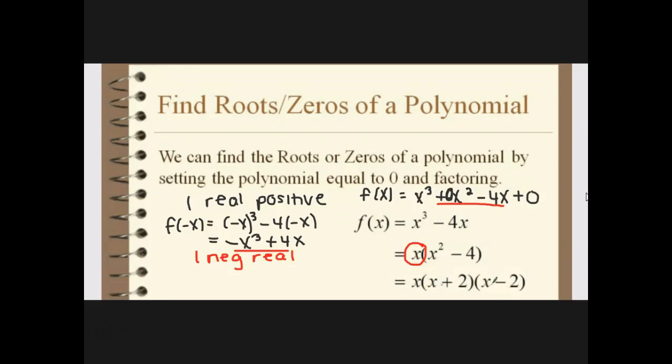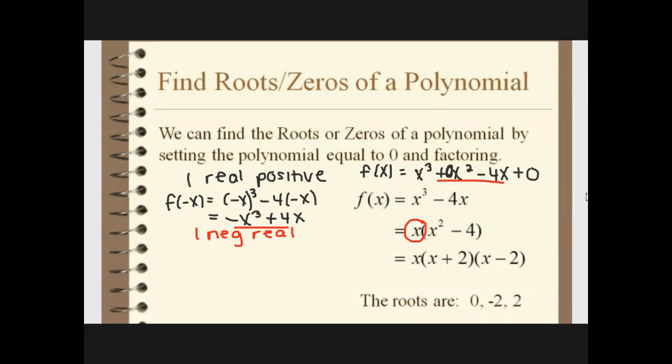Therefore, when we factor this, we have our positive root, our negative root, and our 0. So when you have a GCF of x, you just have to count that as a 0.